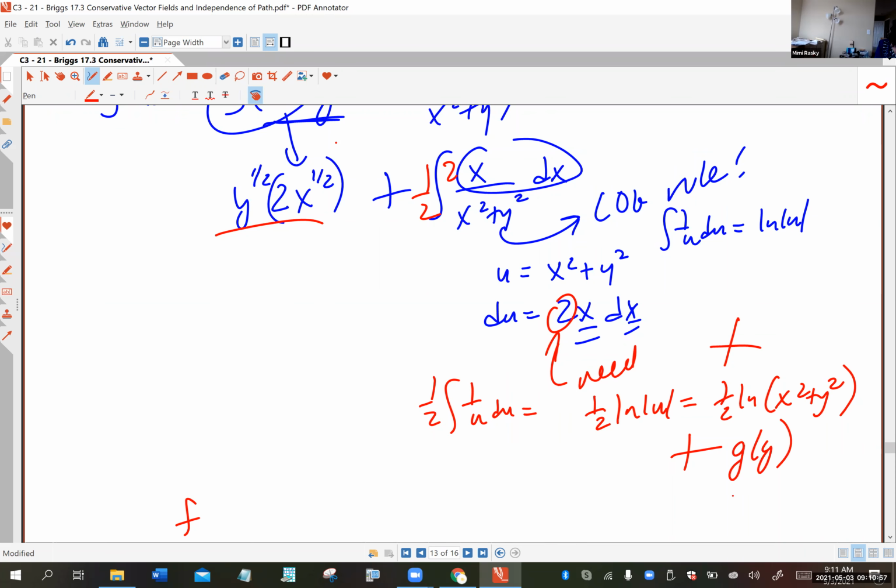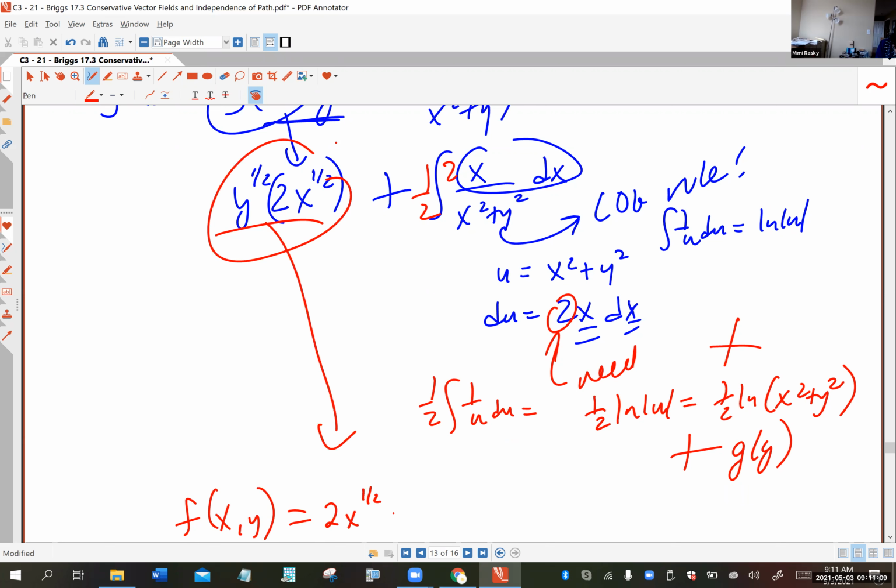So what do we have so far? We have f of x, y is equal to what we have so far, this term, 2x to the half, y to the half, plus 1/2 ln x squared plus y squared plus g of y. Okay, that's what we have for the potential function.